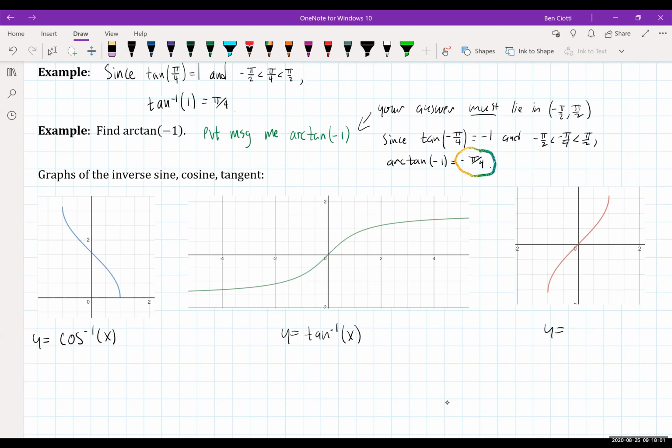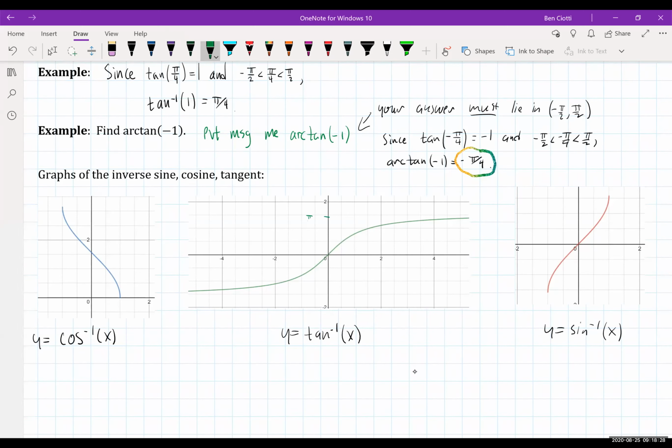And you don't use the inverse graphs very often, but occasionally. Probably the tan inverse graph is the one that is most commonly used. It's kind of interesting, actually, because it has two horizontal asymptotes.